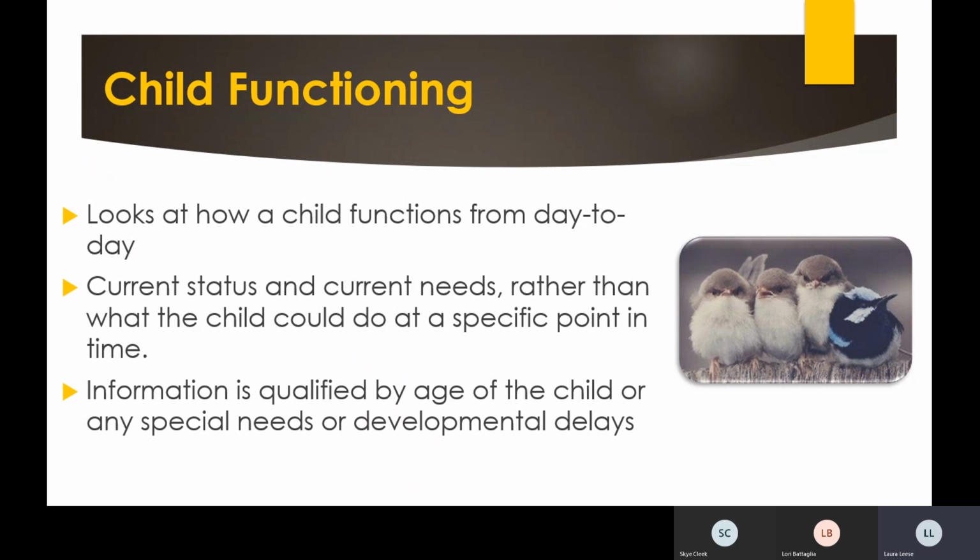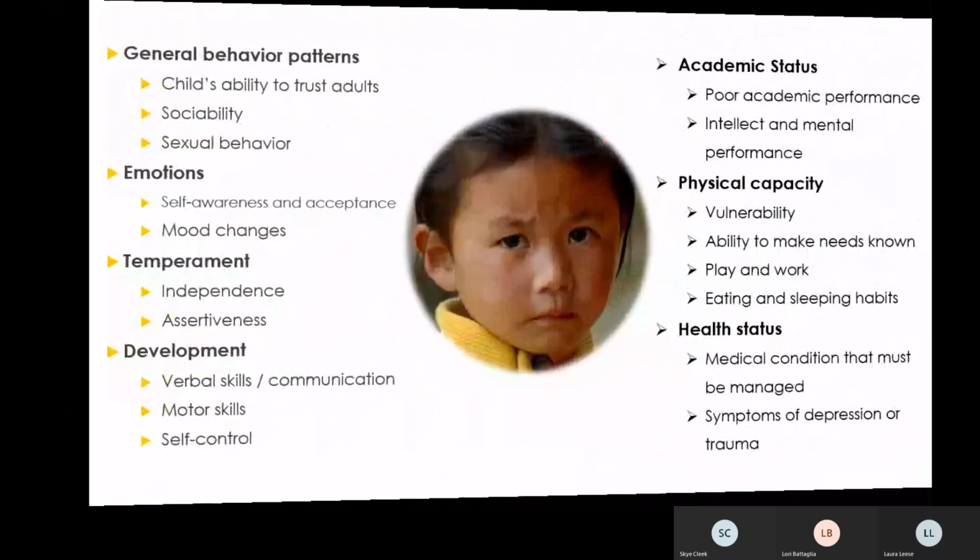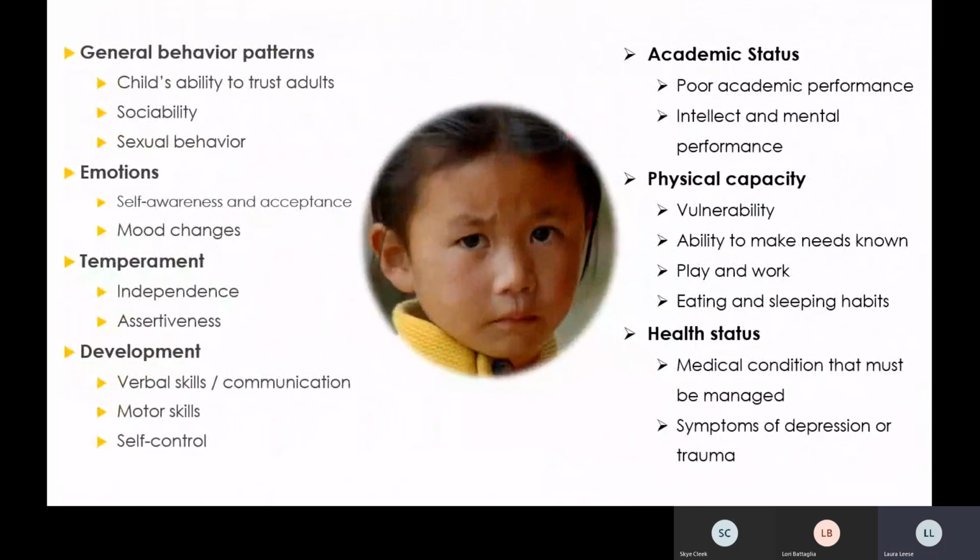It also should be qualified by the age of the child and/or any special needs or developmental delays. So this section really goes through a lot of different areas, and I put them up on the screen for you.